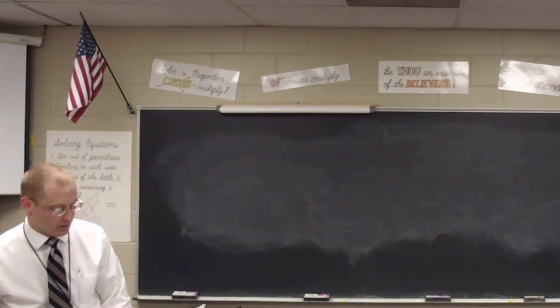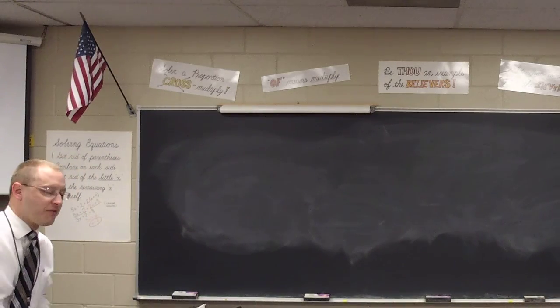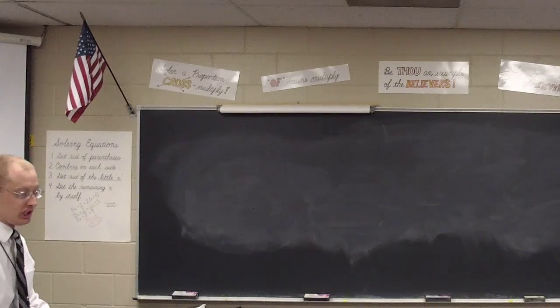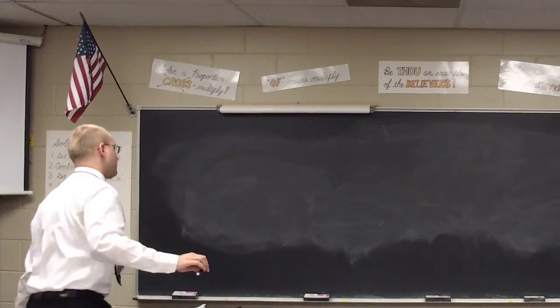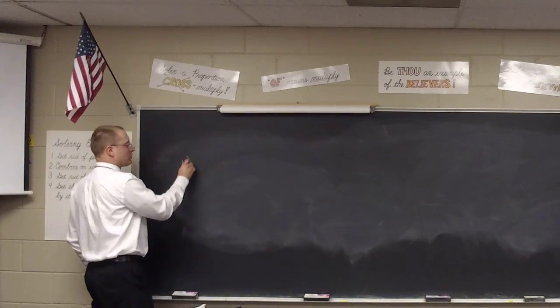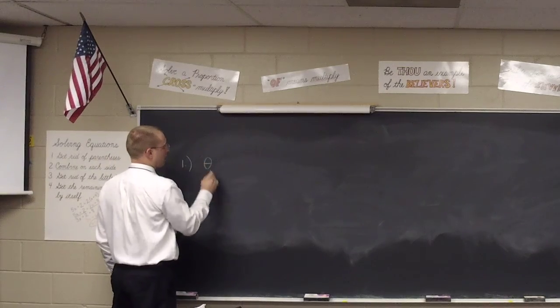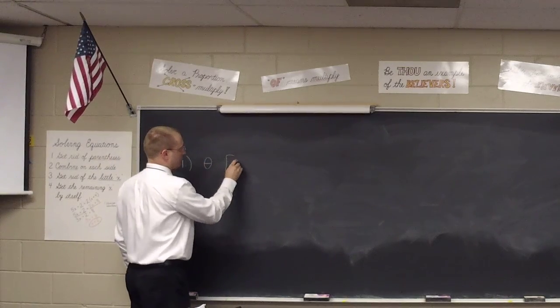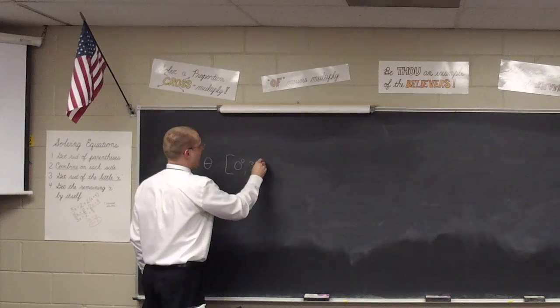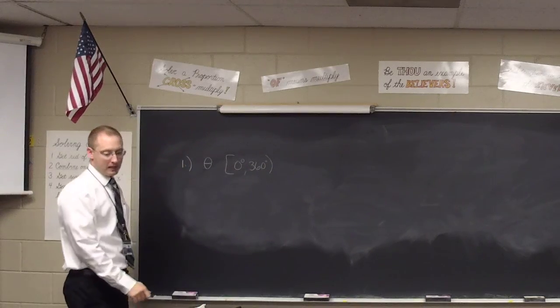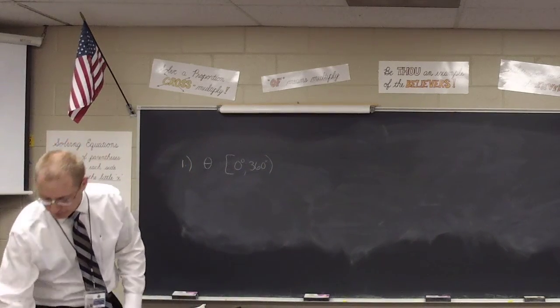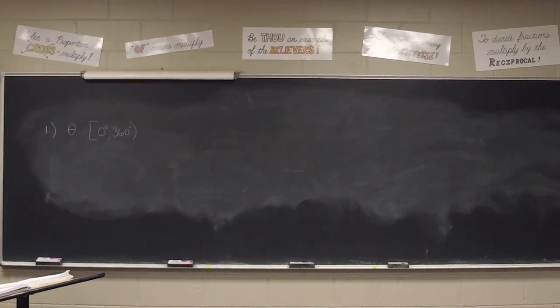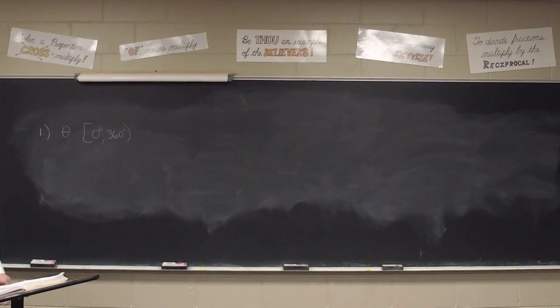So step number one in doing all of this. Step number one, if theta is not between 0 and 360, apply the coterminal angle rule. In other words, get it between 0 and 360. Add 360 if you have to, or subtract 360 if you have to.